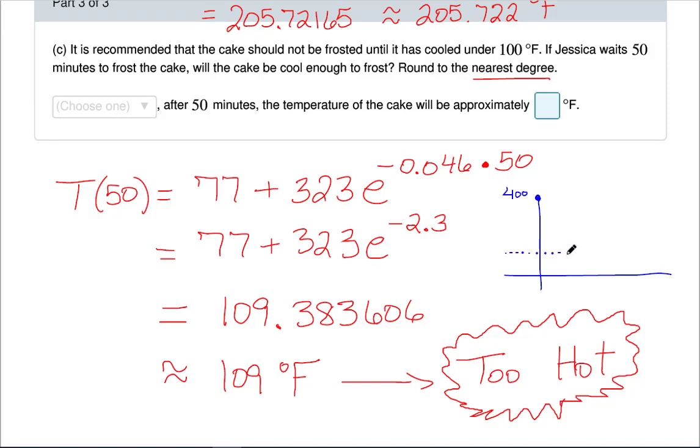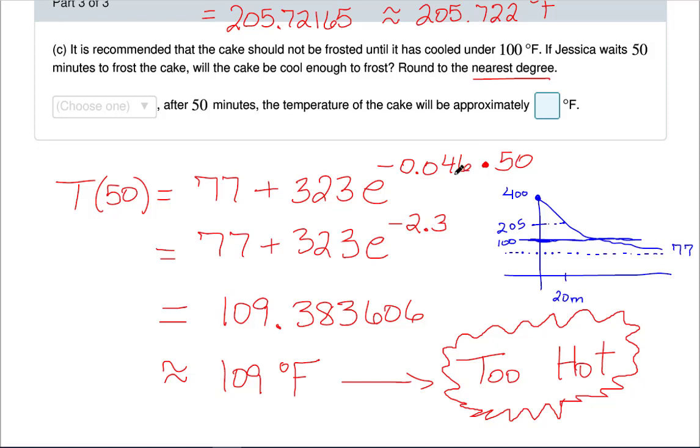We know it never can get any cooler than room temperature, which is 77. So we know that this thing is cooling off over time. 20 minutes, and we saw we were down to, at this part, about 205 degrees. Question is, after 50 minutes, are we cooler than 100 or not?